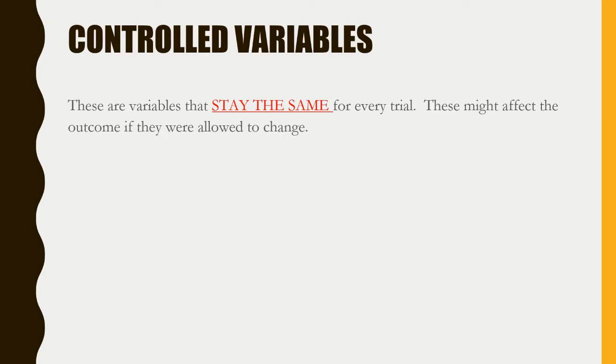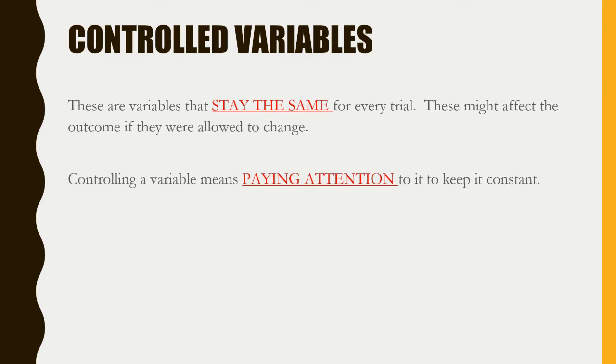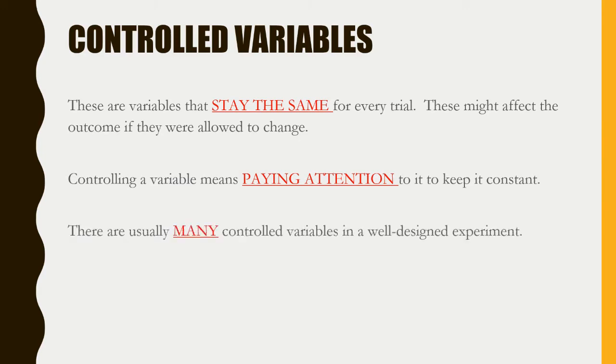We'll talk about some other possible controlled variables later on, but controlling variables means that you're paying attention to keep them constant. A big part of controlled variables is that you do your best to make sure they're exactly the same every single time. In a lot of experiments, there are many controlled variables, which means you're physically controlling a lot of things when you set up these experiments.